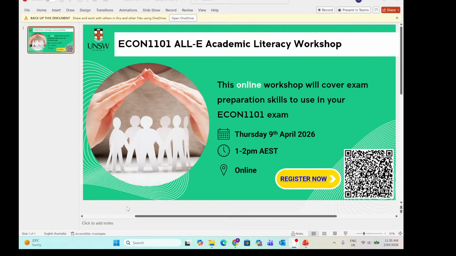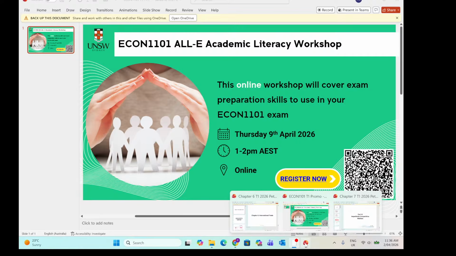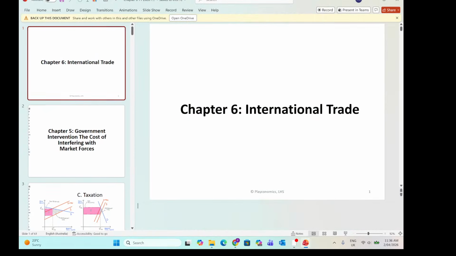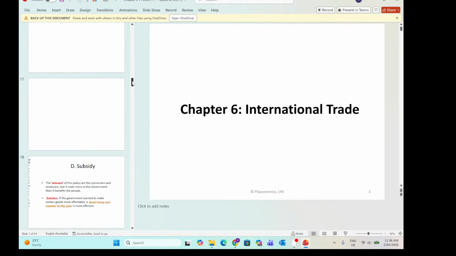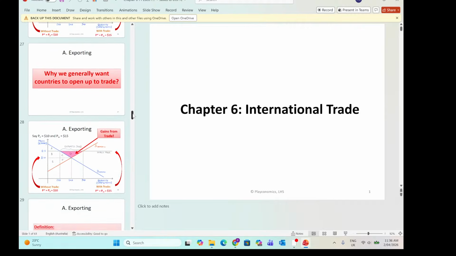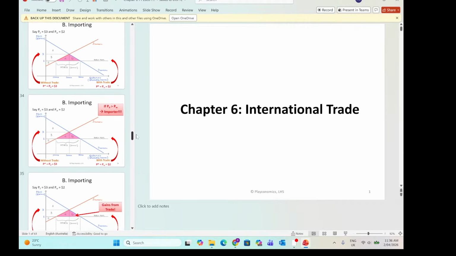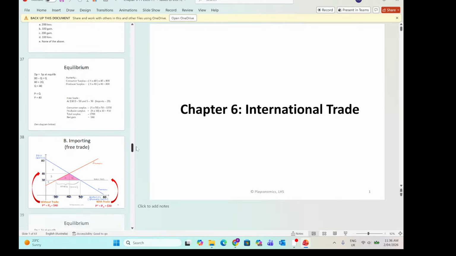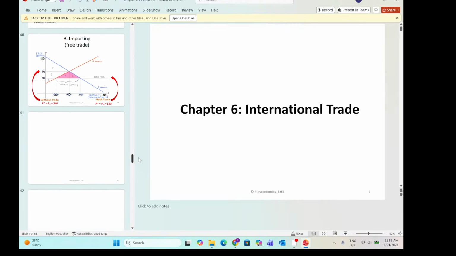So I'm going to then move into today's lecture, which is finishing off international trade. So I'm just going to slide down to where we got the other day. We finished off with subsidies.